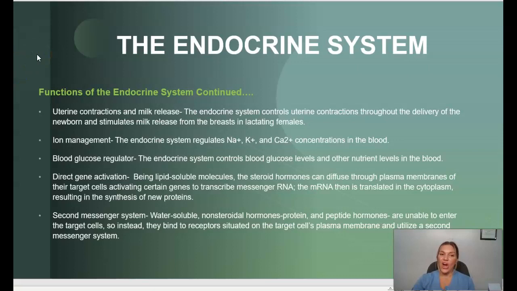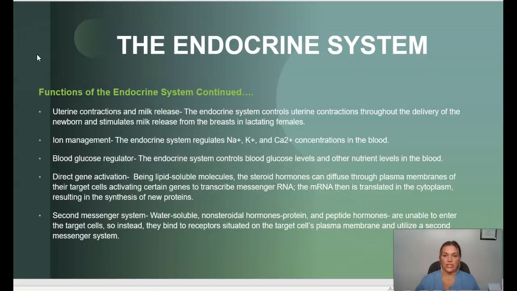So continuing on with functions of the endocrine system, there are a lot. The endocrine system is very important and vital, as you can see here. So uterine contractions and milk release, the endocrine system helps throughout the delivery of a newborn and stimulates milk release in females that are breastfeeding.